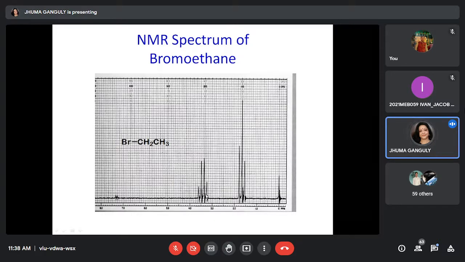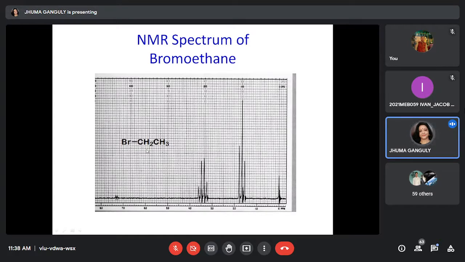Okay, because these are at a higher delta value, or downfield, because Br is directly attached to the methylene proton. And the methyl is a little bit distant. There is a distance. So the same thing reflects in the chemical shift. So it is around 1.5 for methyl and 3.5 for methylene.